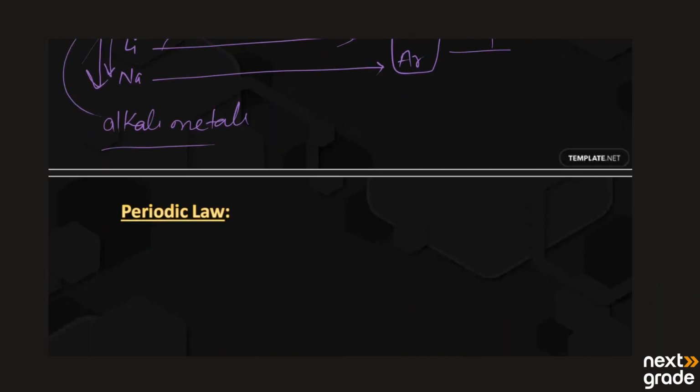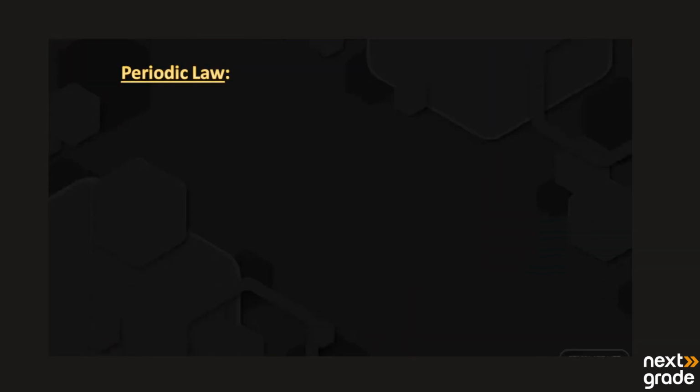Next, we have the periodic law. What does it mean by the periodic law? Periodic law is a pattern of repeating the properties at a regular interval.